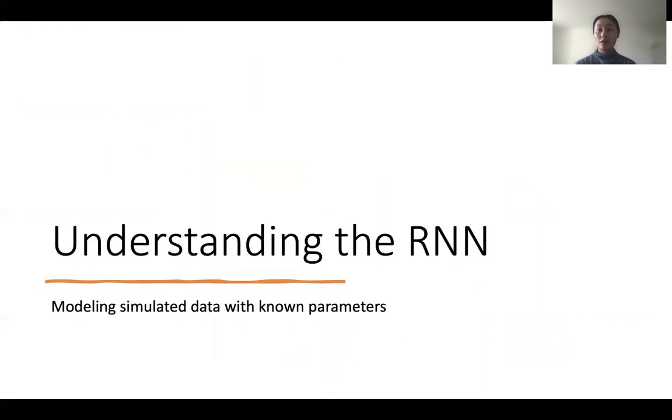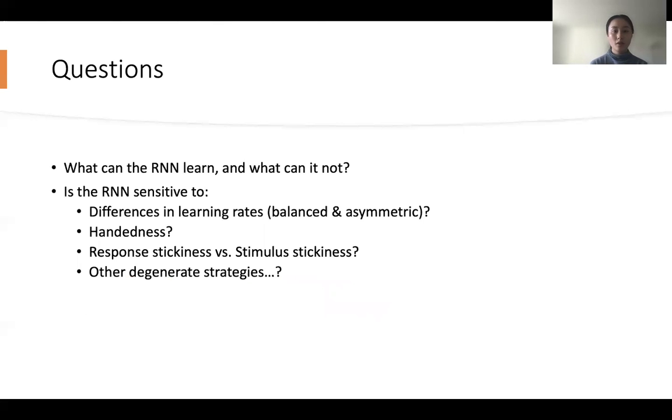Okay, so the first step of the project was to just understand the capacity of the RNN in capturing decision-making behavior. As I said, to do this, we used simulated data with known parameters. In particular, we wondered, is the RNN sensitive to differences in learning rates?